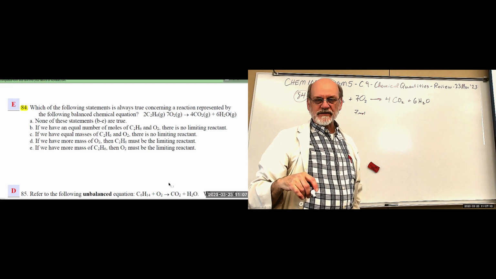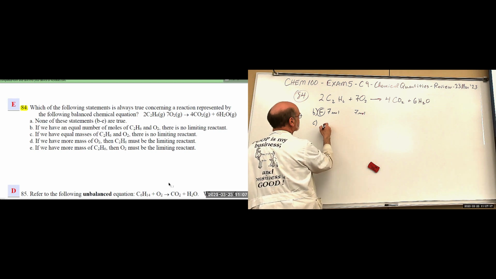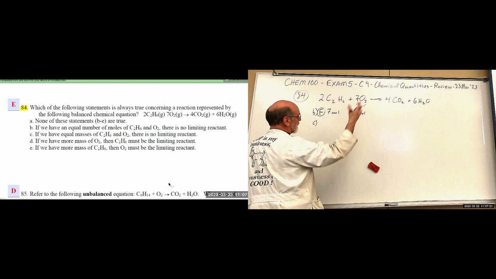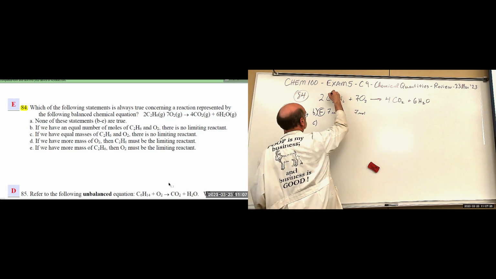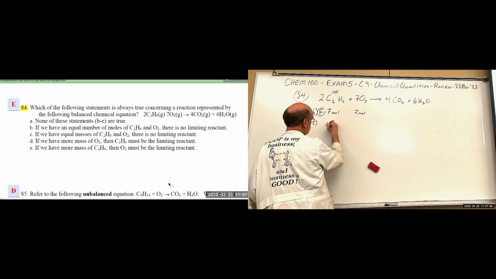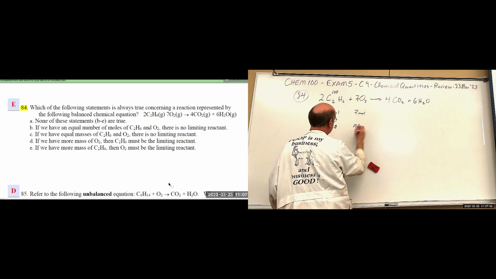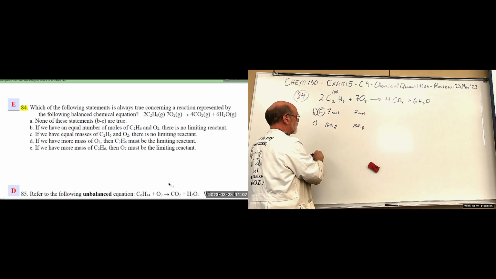How about C? If we have equal masses of C2H6 and O2? Let's just say, for argument's sake, we have 100 grams of each. How many moles of C2H6 do you have?